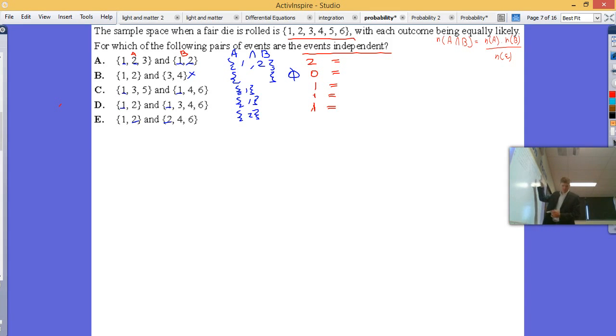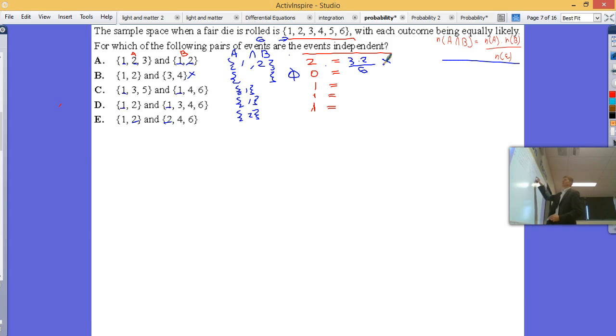So applying my little test rule to each example, we've got the number of outcomes in the intersect on the left hand side. Let's get the right hand side going. So number of outcomes in A times number of outcomes in B divided by number of outcomes in the sample space. So we come over here, we've got 3 and 2, 3 times 2 over the number in the sample space, and we've got 6 of them. Okay, now 2 doesn't equal 1, 6 on 6 is 1, so that's not correct.